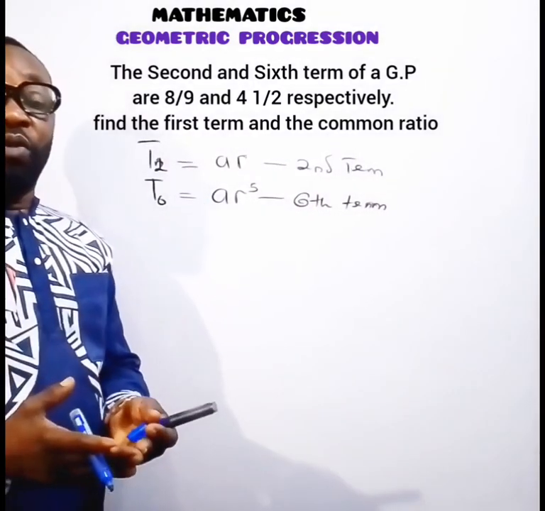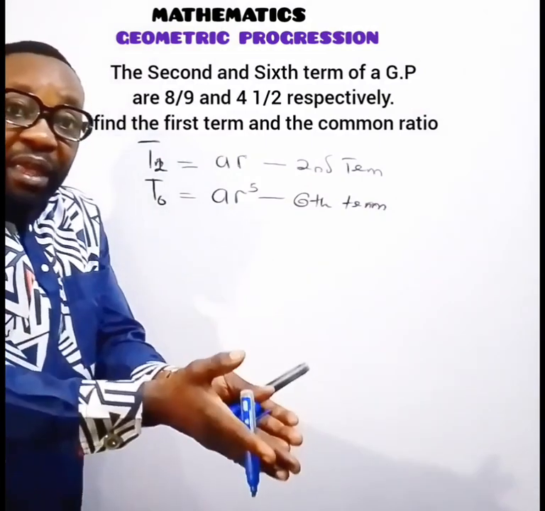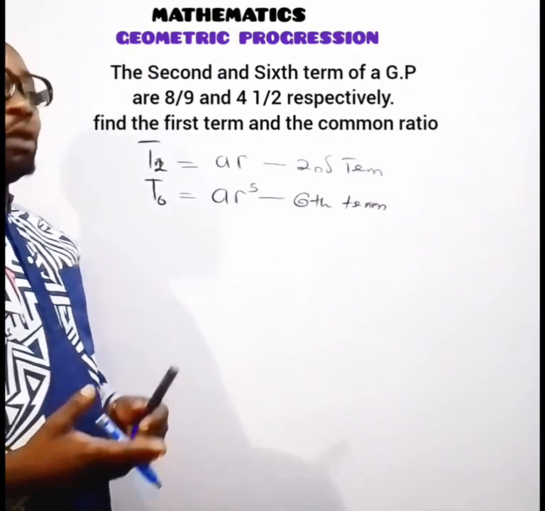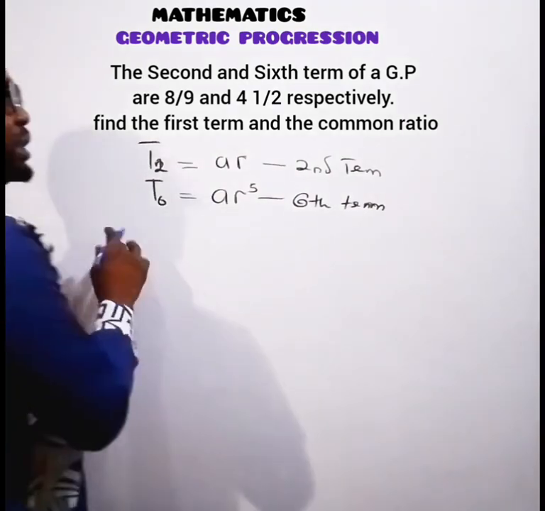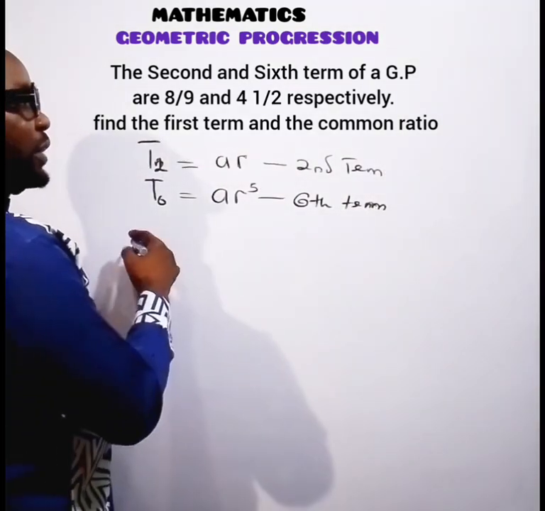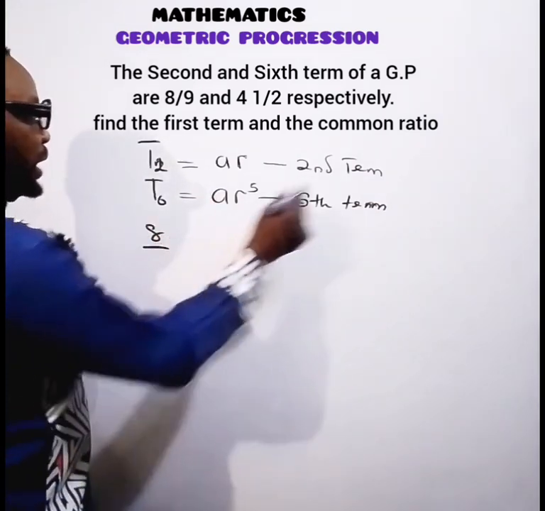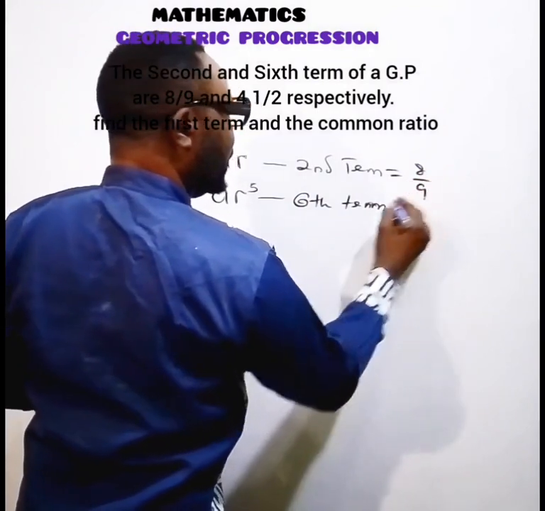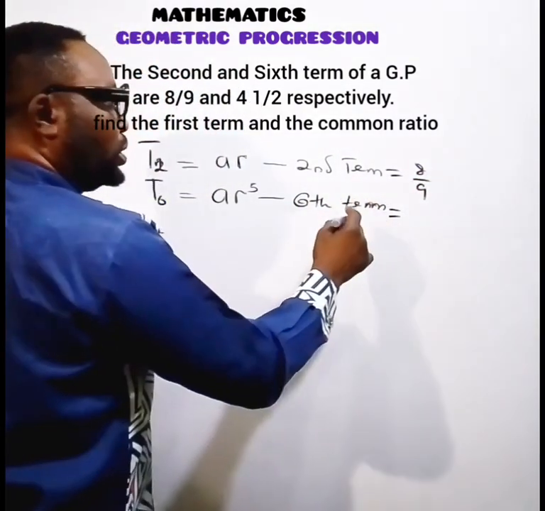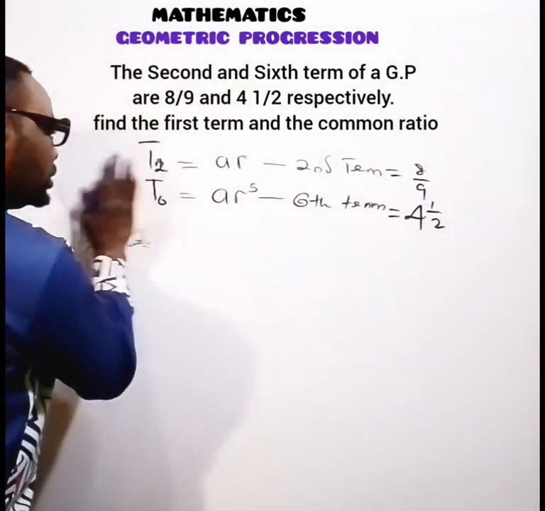Those values for the n, that are the terms found there, have been given to us. The second term is 8 over 9, and the sixth term has been given to us to be 4 whole number 1 over 2.